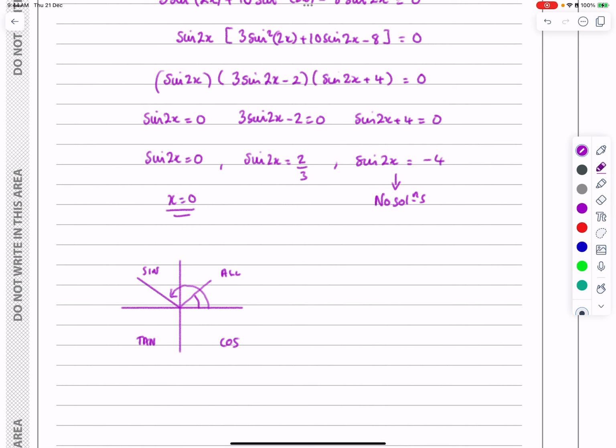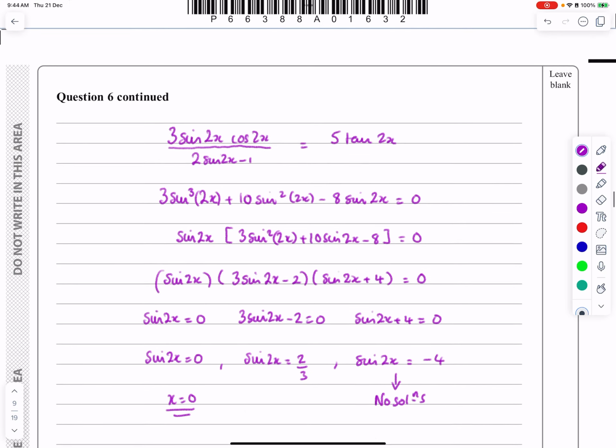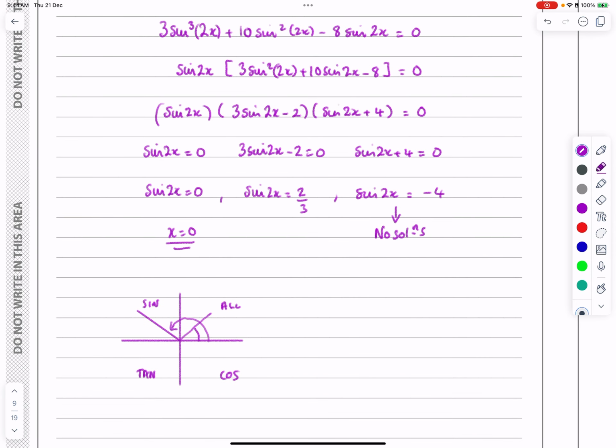So there's going to be 2 answers that are possible for that one. However, let's go back now and remind ourselves, our values are from pi over 2 to minus pi over 2. So actually, no, there's only going to be one. There's only actually going to be that one that fits into the range.